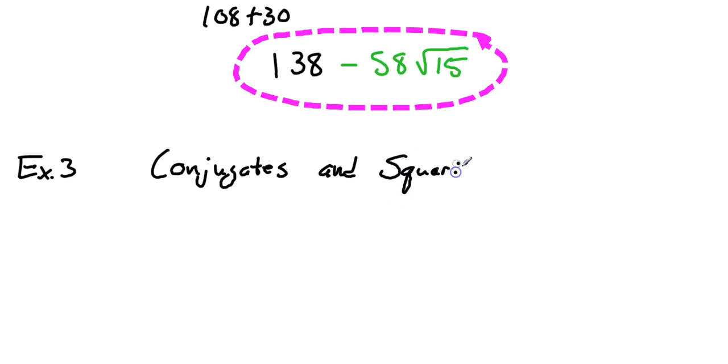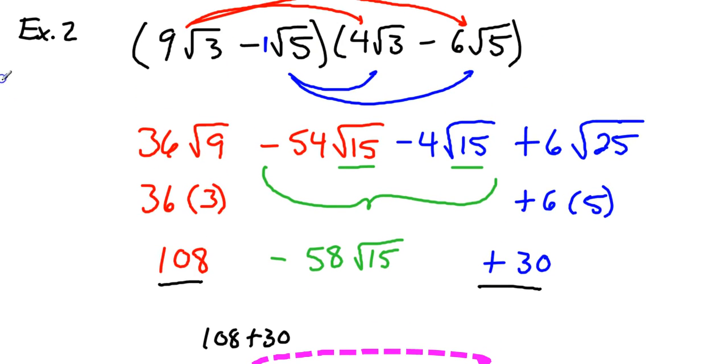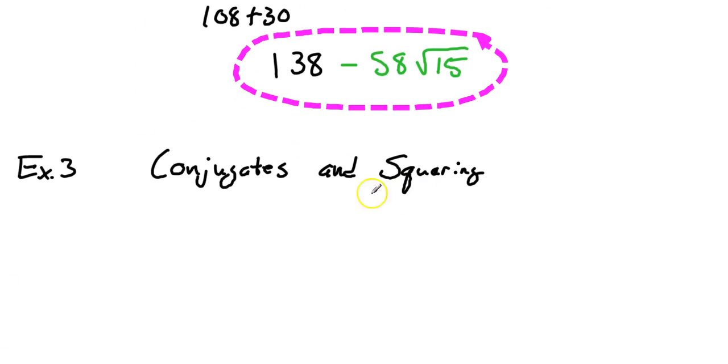We're not going to worry about the conjugates, because the conjugates part is going to be exactly like example 2. It's just when you finish it up, this middle term is going to go away, and you're going to be left with just a whole number. And that's not a big deal. That one will kind of work itself out. We're really going to do the squaring part, because they're going to give you something like this.